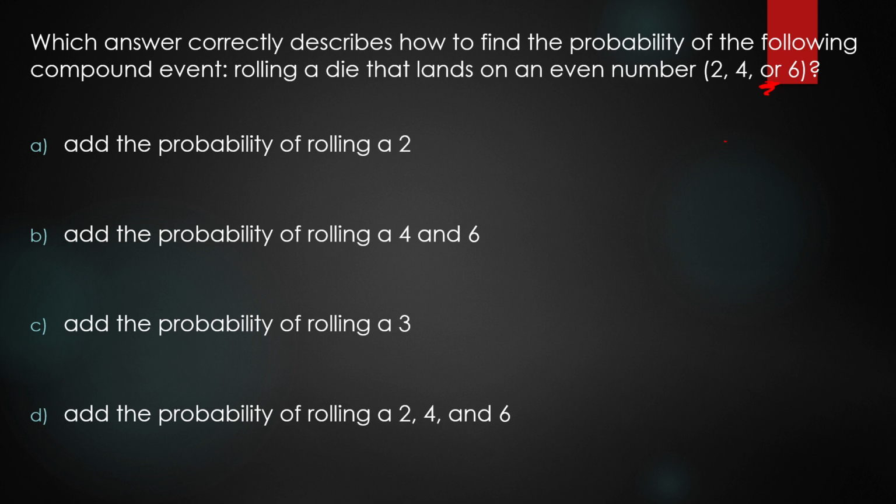And there are three separate events happening here: the probability of rolling a 2, rolling a 4, or rolling a 6, which means I have three different possible outcomes. So I want to add the probabilities of rolling a 2, a 4, and a 6 together, okay?